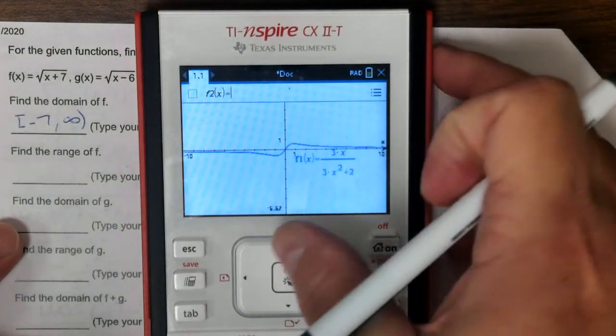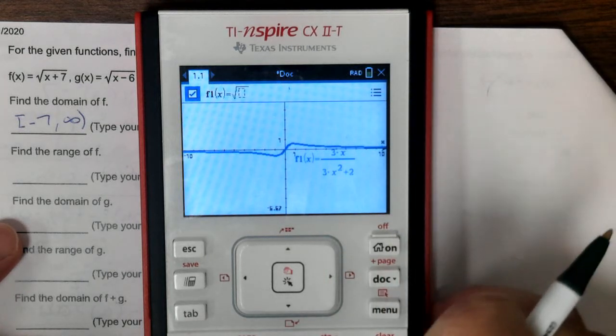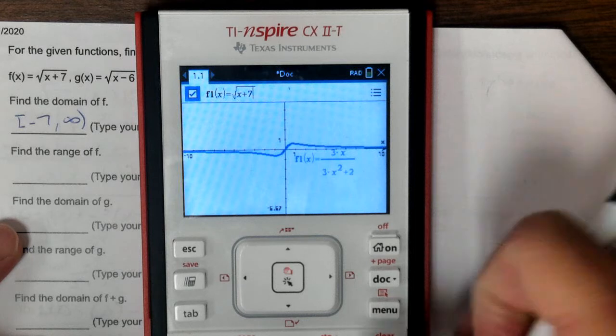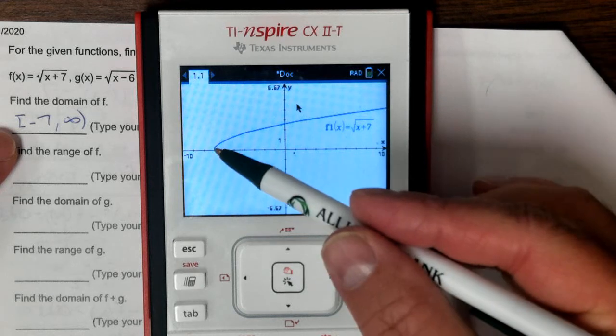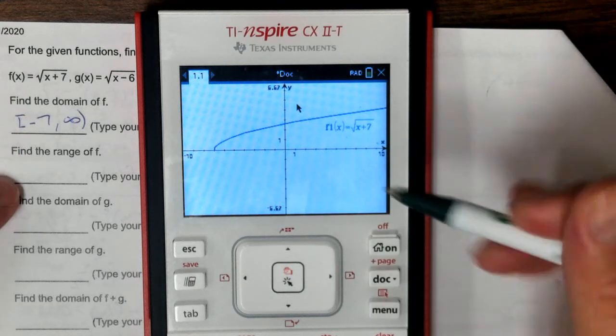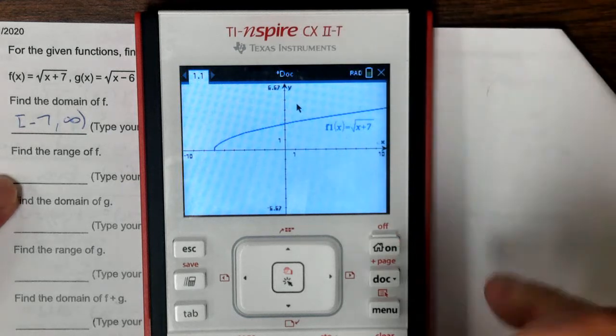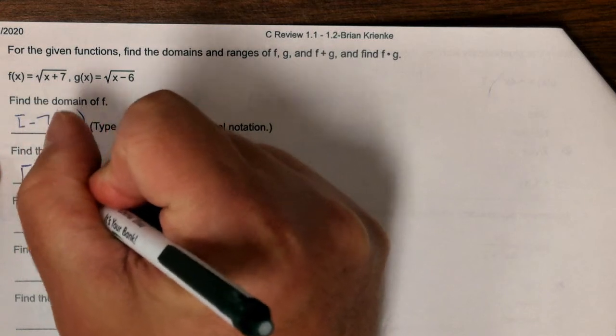So basically, square root x plus 7, it's like that. And so it includes the negative 7 because that answer would have been 0. Now for the range, it would be from 0 up. So that's 0 comma infinity.